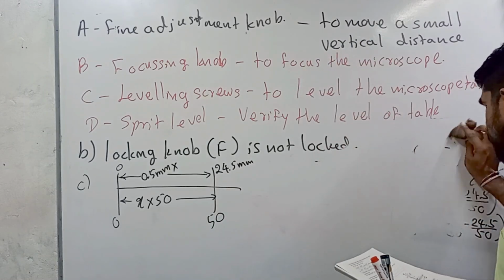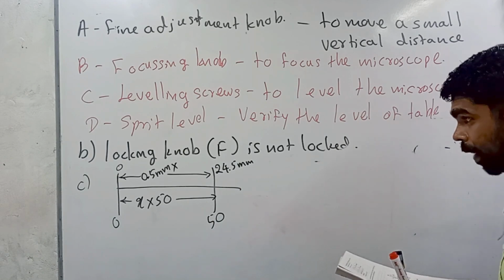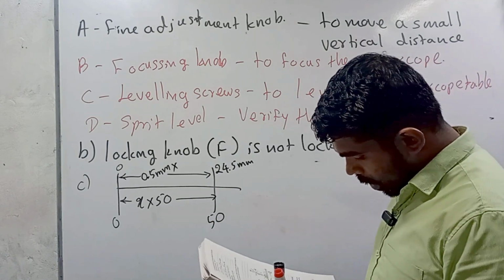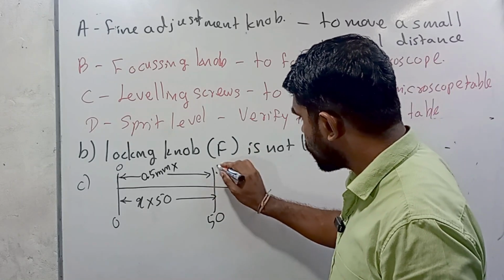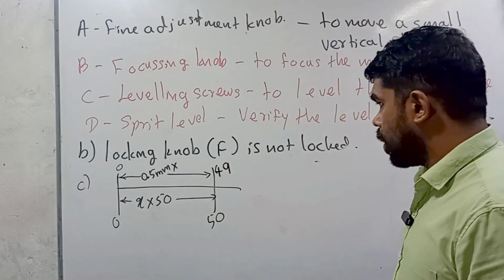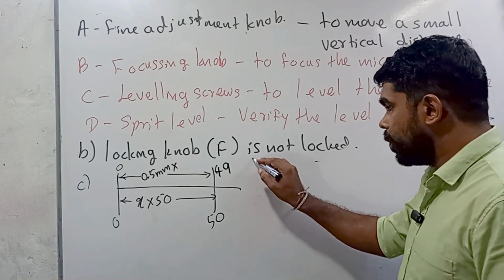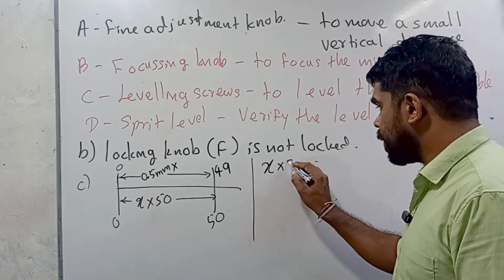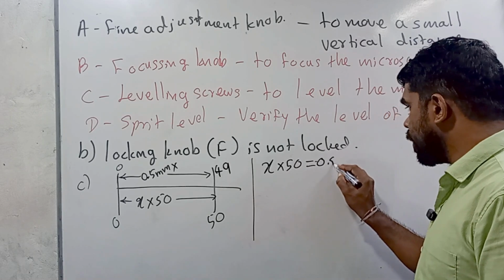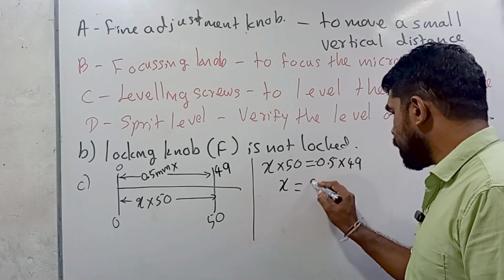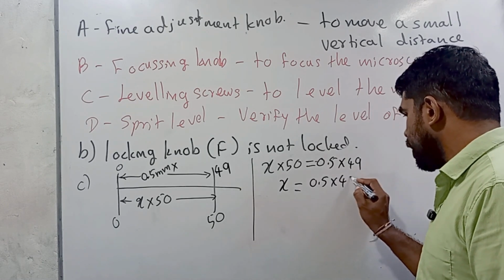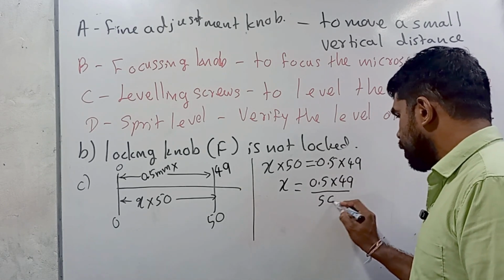We have to get the part number, 0.5 millimeter parts, 49. Now we can get the x value. X into 50 equals 0.5 into 49. Then the x value is 0.5 into 49 divided by 50.